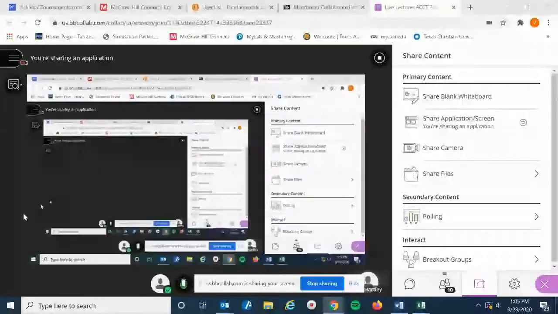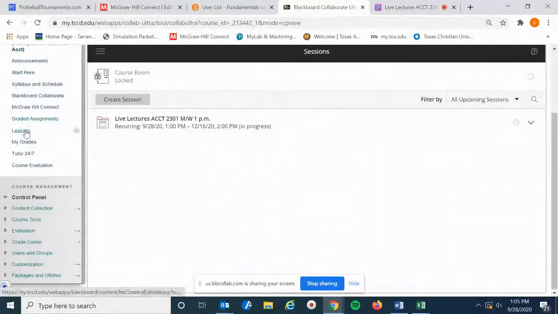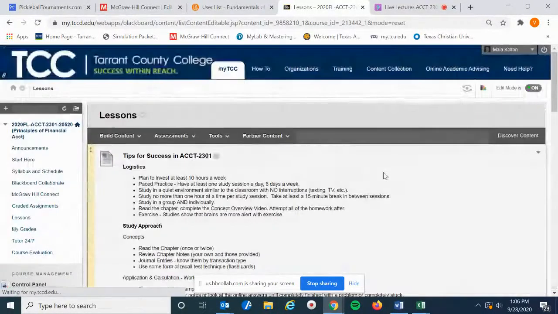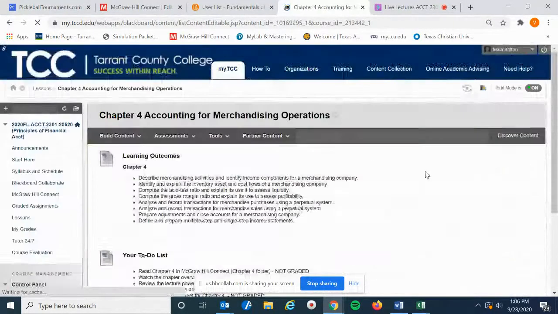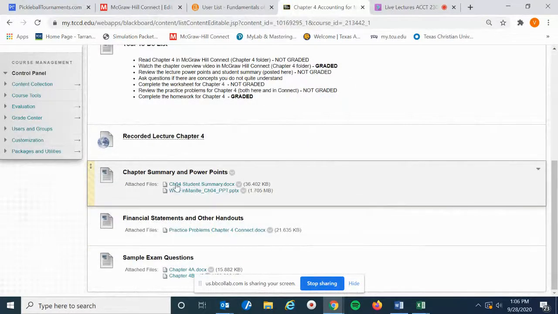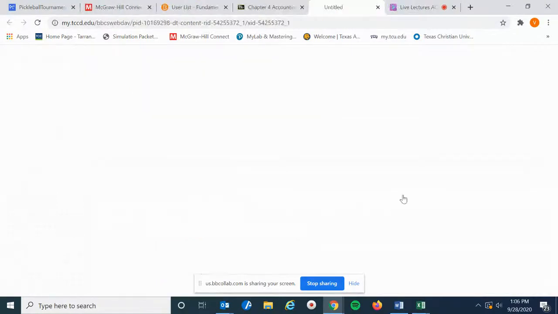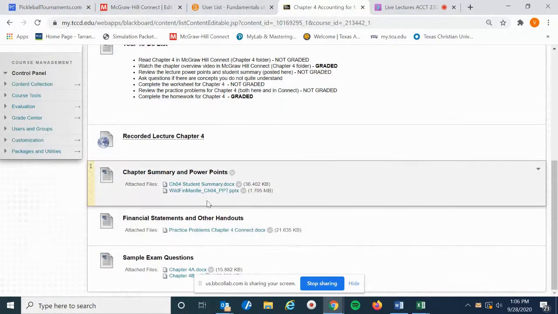So today we're gonna start digging a little deeper into some issues in accounting. So we'll be using everything that we have learned so far, but we will specifically focus on merchandising operations. So let's talk about what merchandising operations are first.